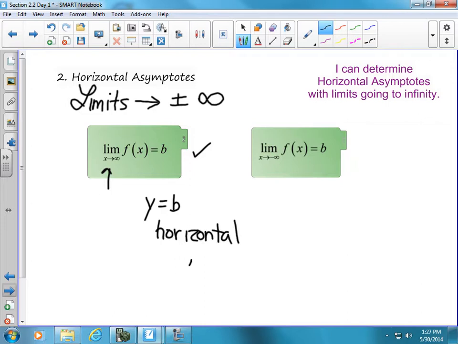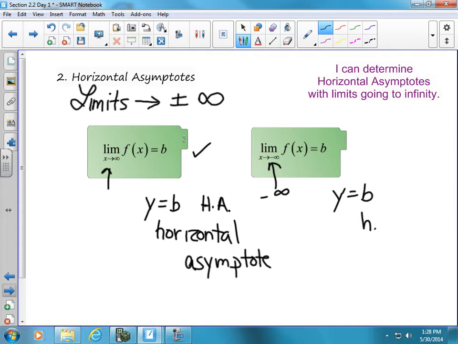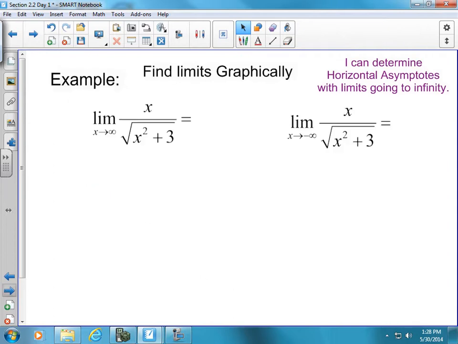Lots of times, because I don't want to write all these letters, I will put HA, horizontal asymptote, y equals b. In this case, x is going to negative infinity, and therefore y equals b would also be a horizontal asymptote. Okay, that's a definition of a horizontal asymptote using calculus means.